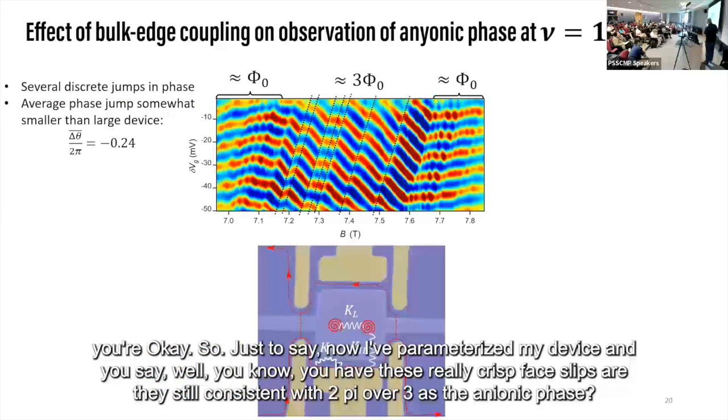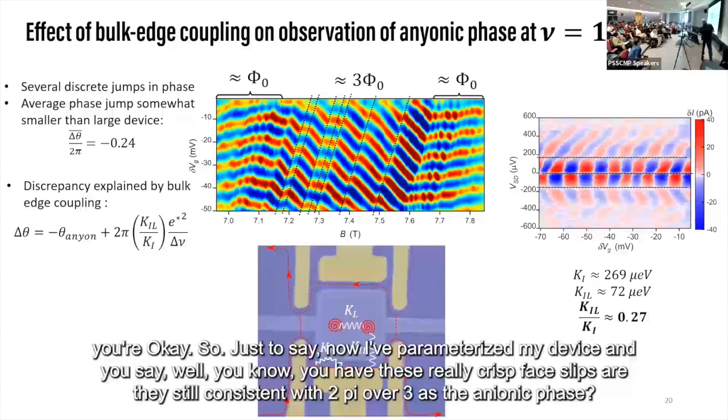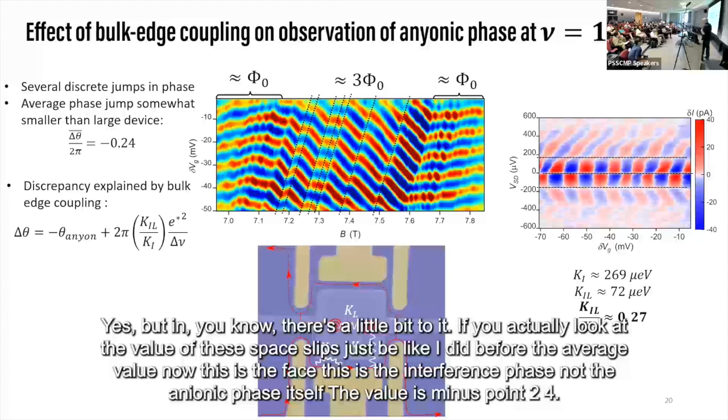Okay, so now I've parameterized my device, and you say, well, you have these really crisp phase slips. Are they still consistent with 2π/3 as the anyonic phase? Yes, but there's a little bit to it.